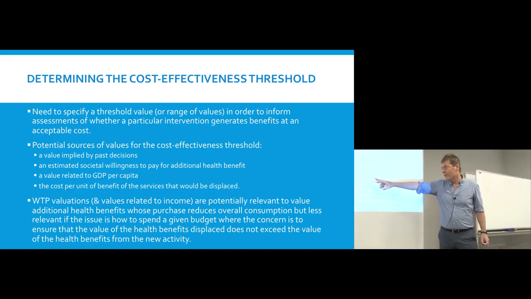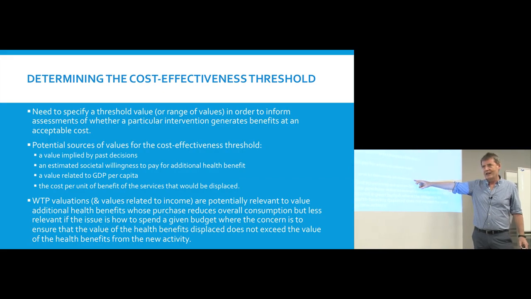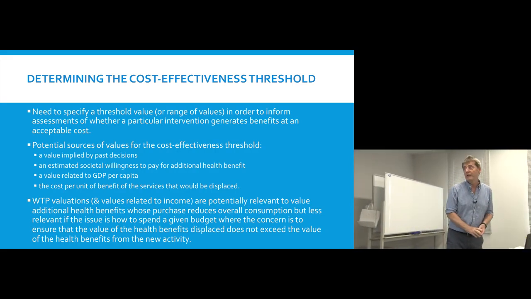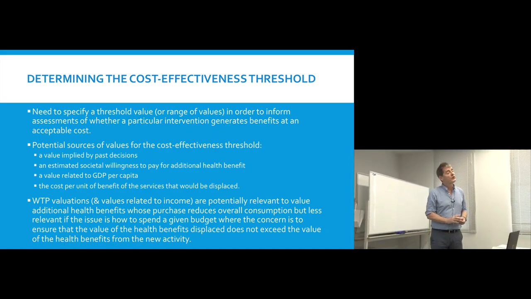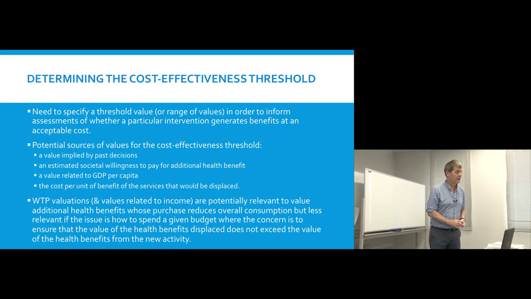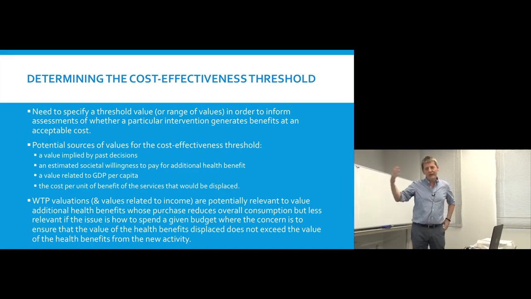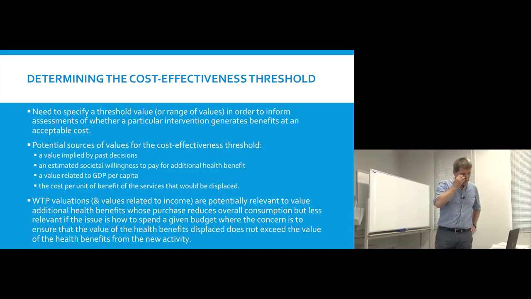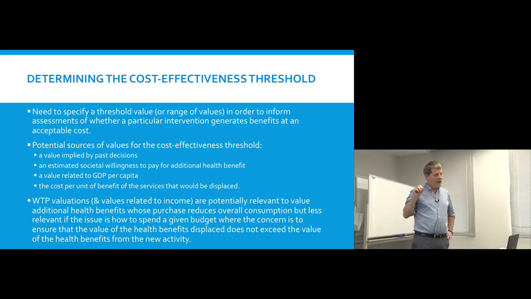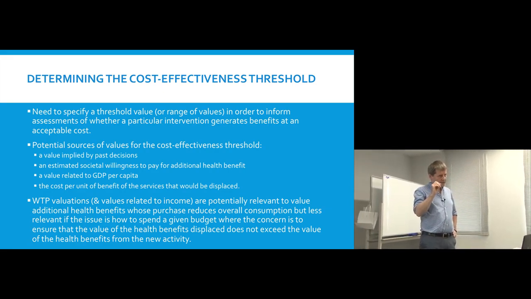The final approach, I would say, is our primary candidate. And this is the cost per unit of benefit of the services that would be displaced. So rather than some sort of external guide to cost effectiveness, such as 3 times GDP per capita, what's being asked here is this.